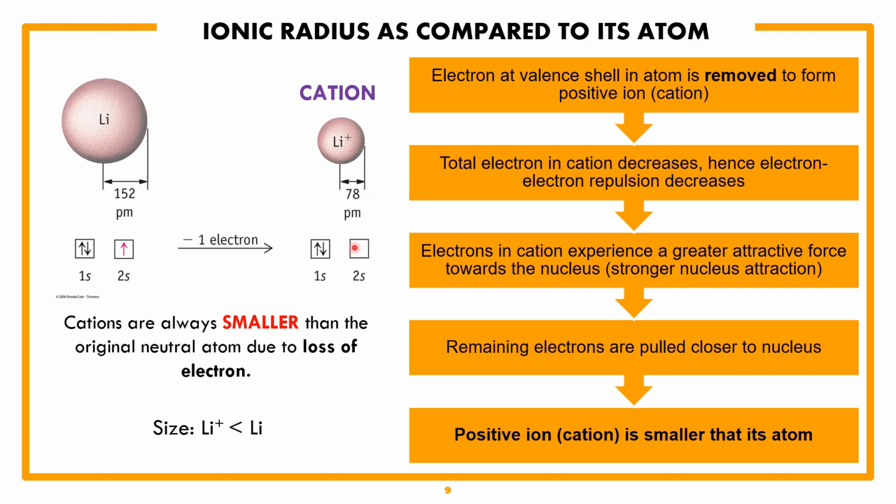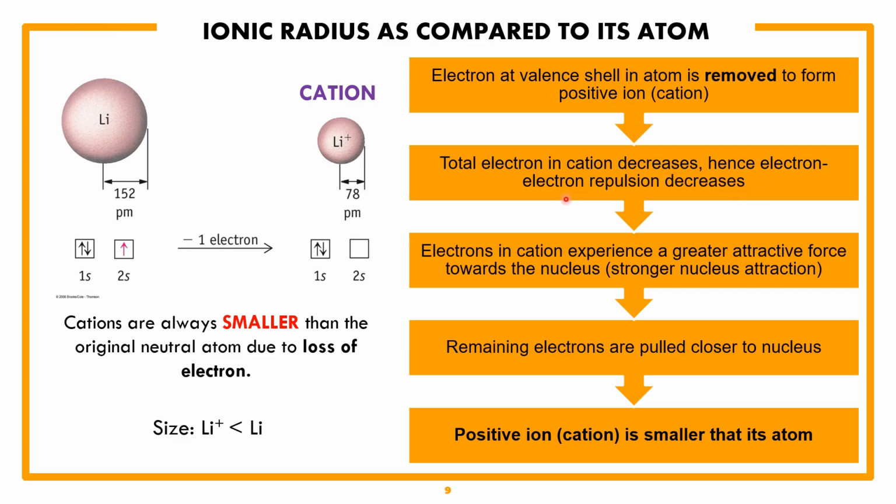As you can see in the new electronic configuration of the lithium ion, it has 1s2. So, the electron at the valence shell in the atom is removed to form a positive ion or cation. So here, total electrons in the cation decrease.